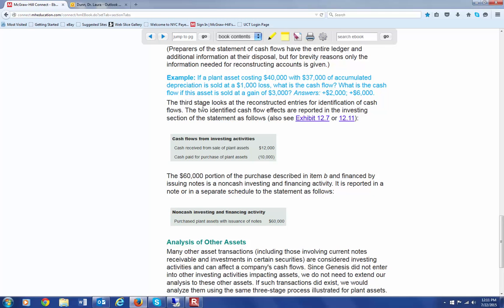So you then look at this and say, what impact did the entries we just reconstructed actually have on cash flow? Well, this is what we found. Cash received was $12,000, cash paid was $10,000.